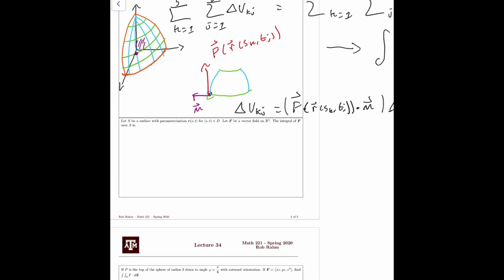Okay, so in other words, let me answer this part of the question. Let S be a surface with this parameterization. Let F be a vector field on R3. The integral of F over S is the following.